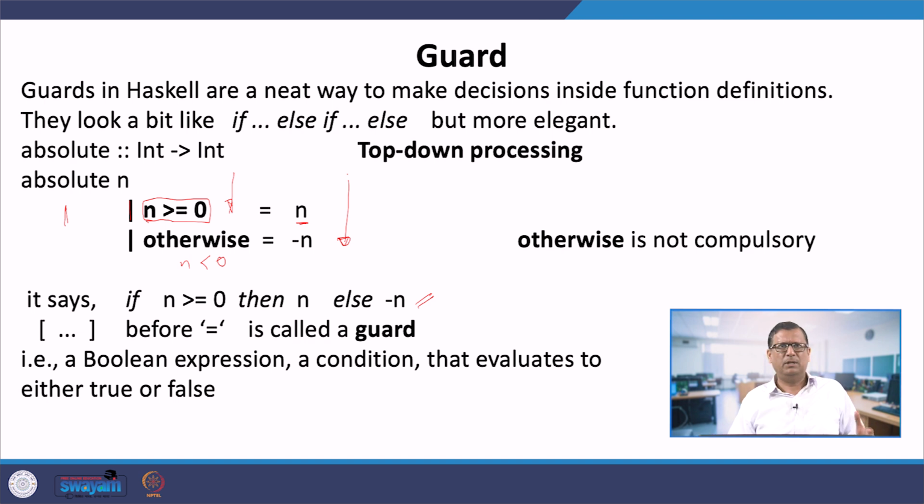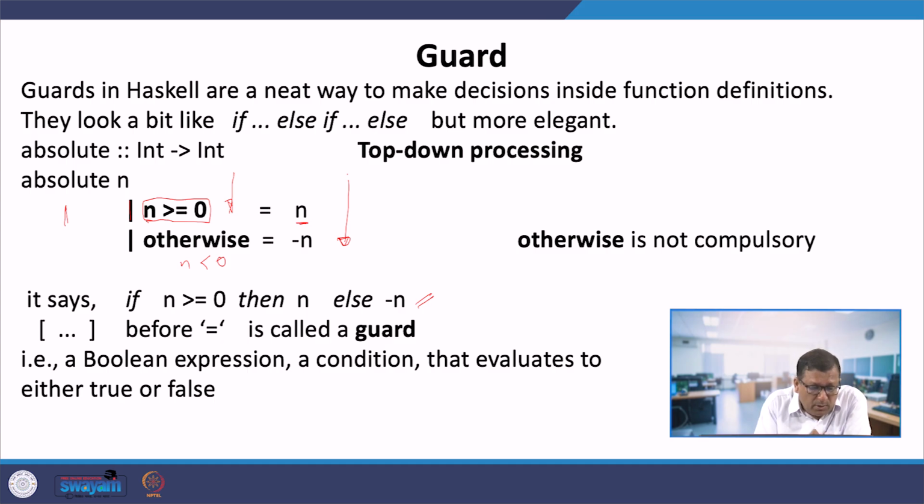They look a little bit like if then else, but it is more elegant. So in Haskell the program is executed in a top down manner. So line 1 will be executed, then line 2, and this way the Haskell program will be executed. So the first function says it takes input as an integer and it returns an integer.